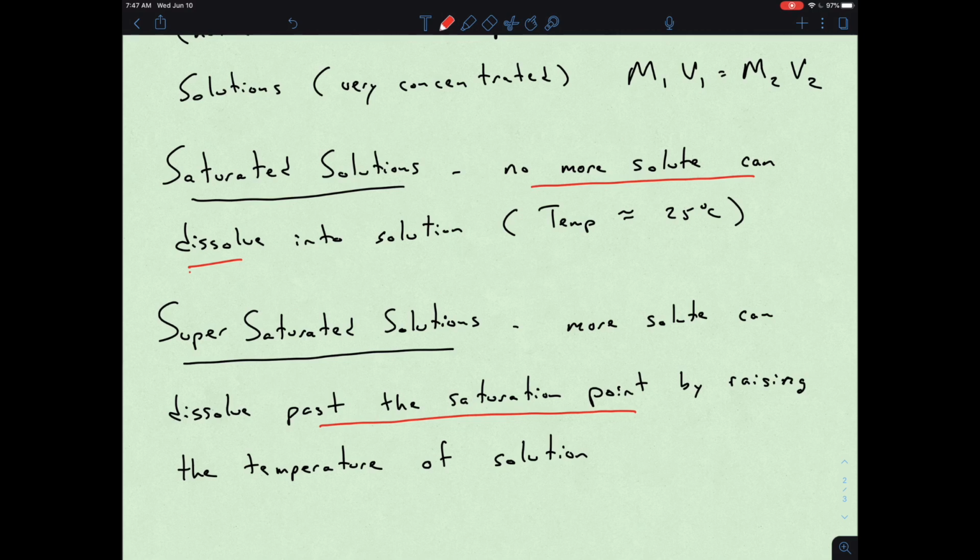So going past the saturation point is doable, but we need to raise the temperature. But then realize once we lower that temperature, we will start to see solid or precipitation occur, creating more of a heterogeneous solution as opposed to homogeneous.